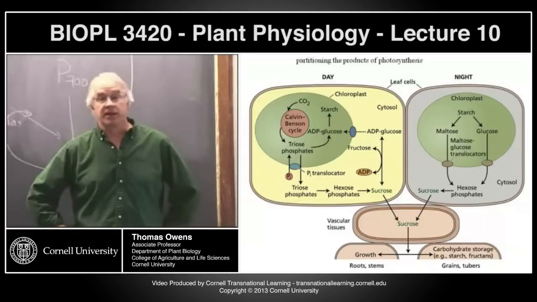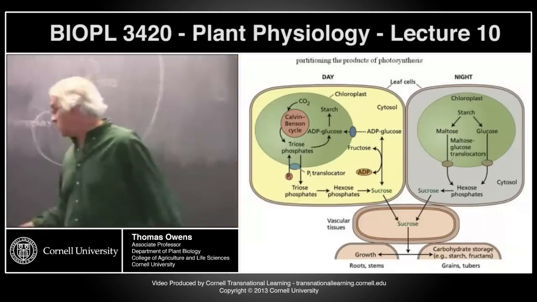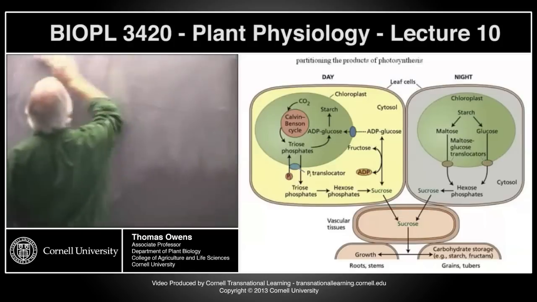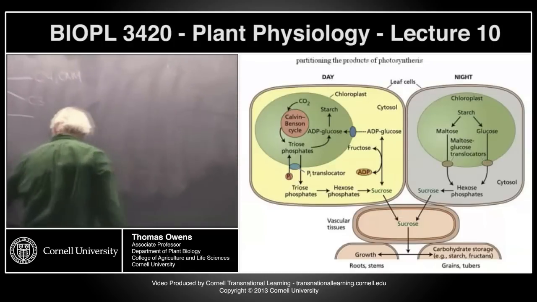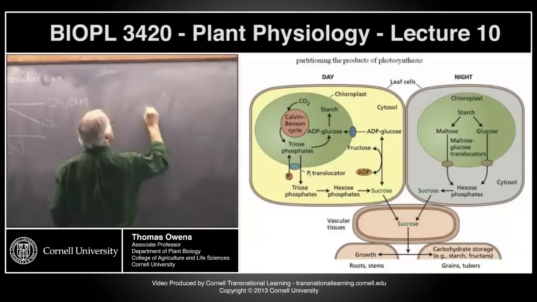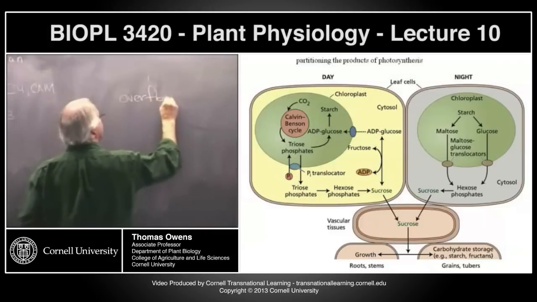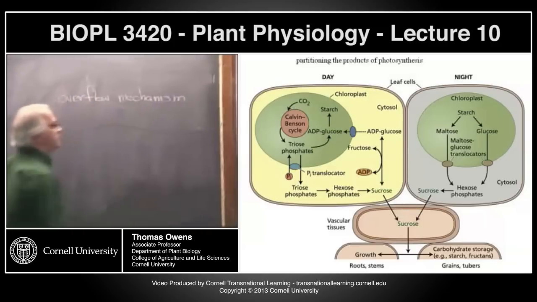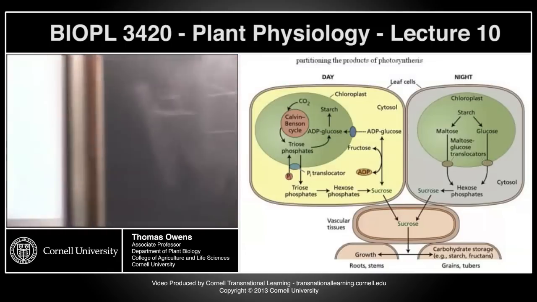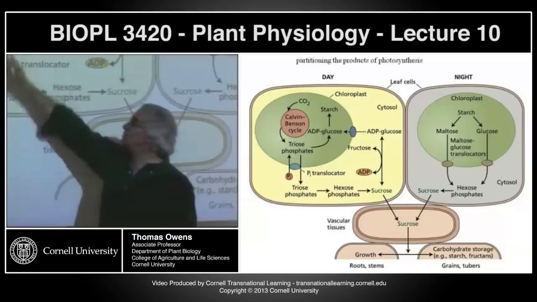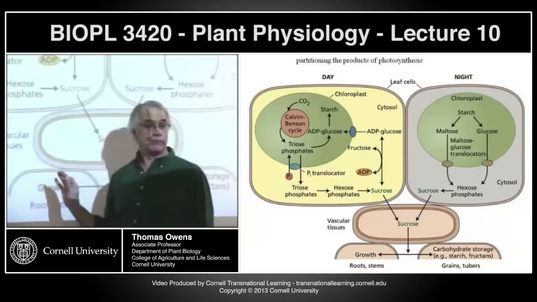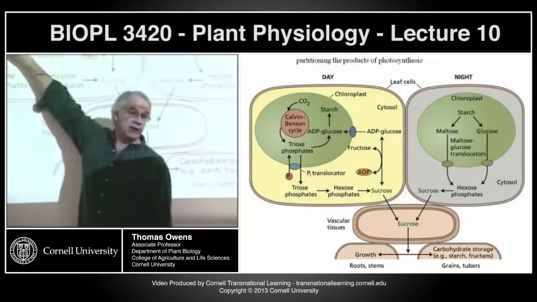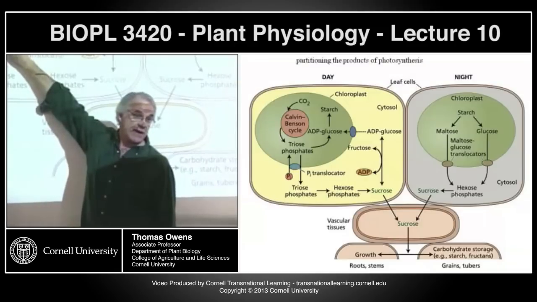But there's another thing that is important as well, and that is that starch synthesis can basically function as an overflow mechanism. So when photosynthesis is producing more triose than all these things can use up, if these things sort of backed up, then triose would start to accumulate in the chloroplast and photosynthesis would stop.